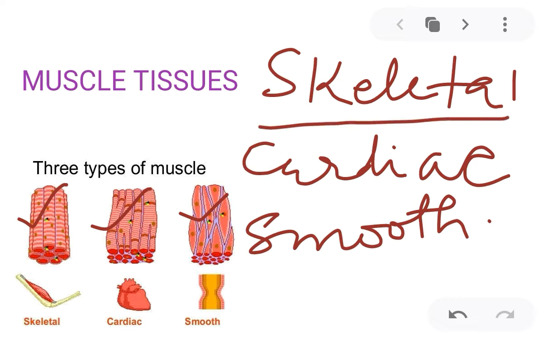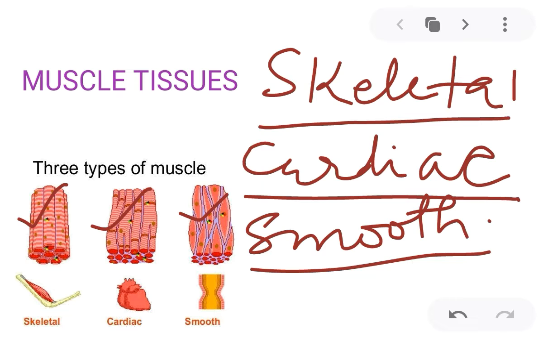Suppose you see skeletal tissue or skeletal muscles, they are connected to the skeletal system. Coming to cardiac tissue or cardiac muscles, they are connected to the heart. And smooth is somewhat simpler in nature, and it plays a major role in all involuntary actions. Okay. So in detail we will see what are the different functions performed by the different types of muscle tissues.